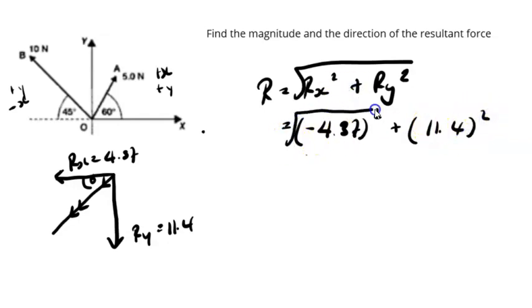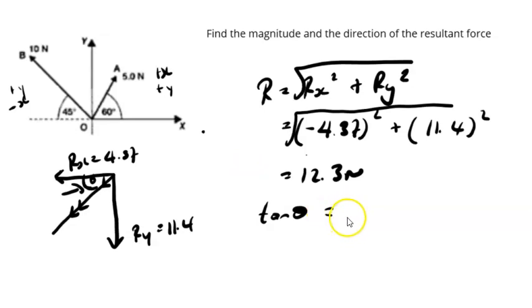We'll end up with 12.3 newtons. Alright, how do we get the direction? We're going to use tan. Tan theta, for this angle right here, is equal to opposite over adjacent.